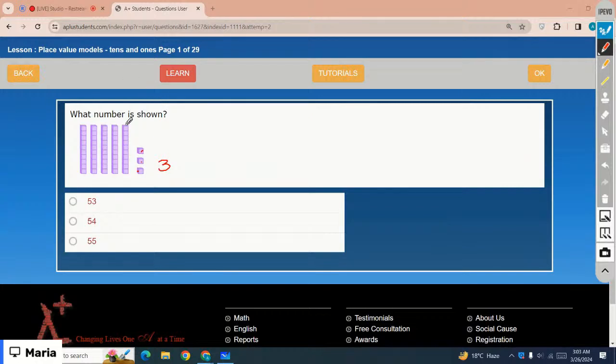And one complete line represents 10 small blocks, so one line represents 10. So 10, 20, 30, 40, 50, you have 5 tens. You always write the ones digit on the rightmost side and then the tens. So 3 is the ones digit and 5 is the tens. So the number they make is 53.